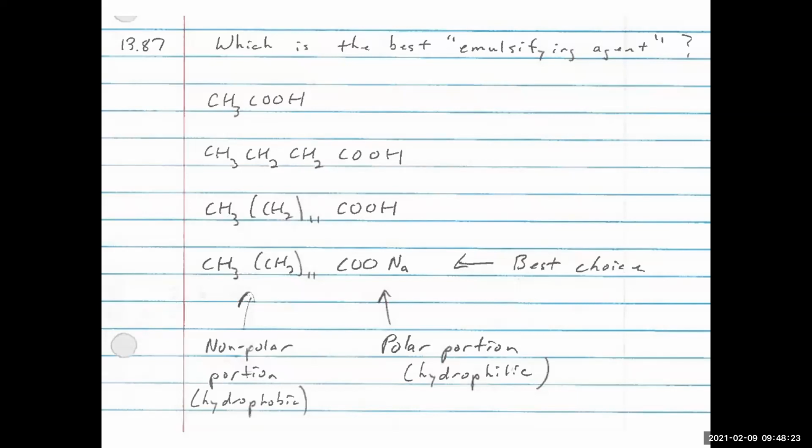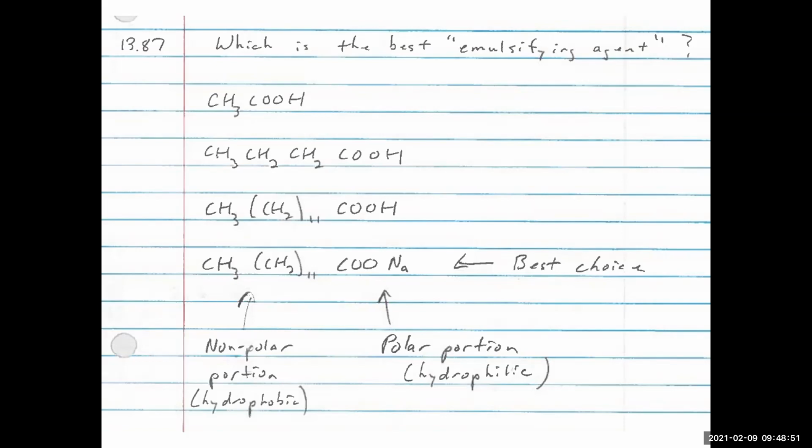Okay, which one? If we said we wanted an emulsifying agent, what did we say? We said for an emulsifying agent, we'd like it to have a polar end, a hydrophilic end, and a non-polar end, a hydrophobic end. Then we can have one side of the molecule that solubilizes the polar stuff and one side that solubilizes the non-polar stuff.